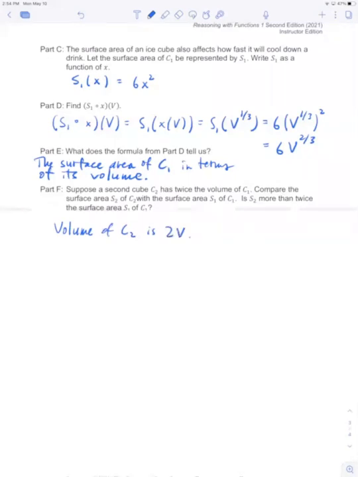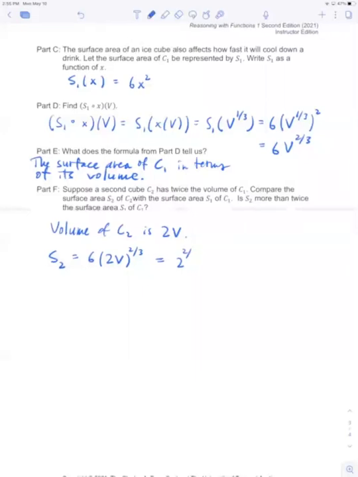From part D, we have S sub 2 is equal to 6 times 2V to the 2/3, which is equal to 2 to the 2/3 times S1.